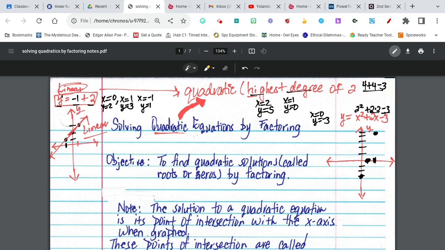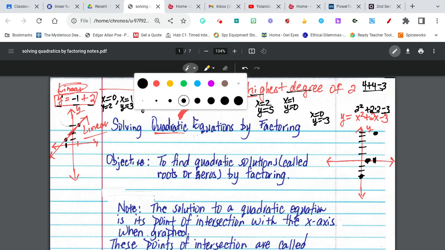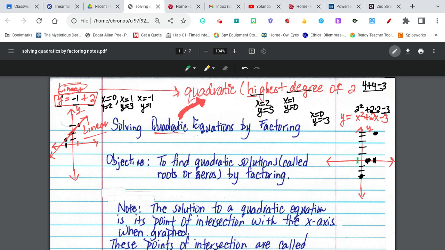I can see that this is getting bigger and bigger. So let me see what happens if I go on this side. Instead of an x that's positive, let's try an x that's negative and see what happens. So let's try an x of negative 1. We're going to end up with negative 1 squared.